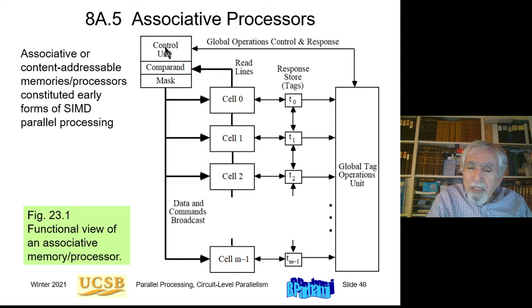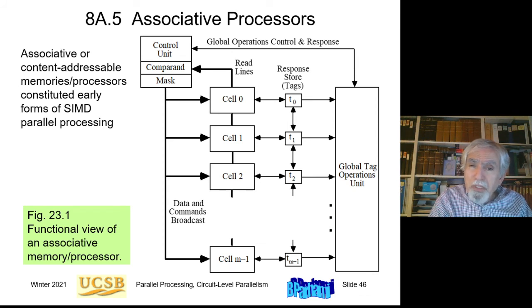So basically, there's a control unit, which is like a CPU here, a comparand register, and a mask register. The cells respond to the query, and responses are stored here. There is a special unit here that allows us to process single or multiple matches and then direct the control unit to do something. For example, take the matching entries out one at a time and do something to them sequentially.